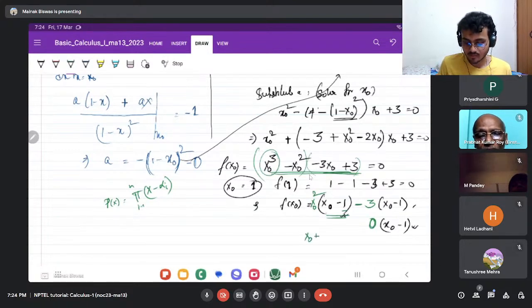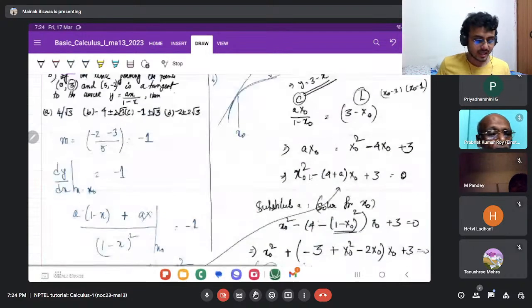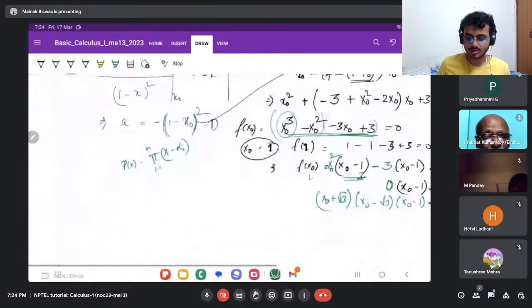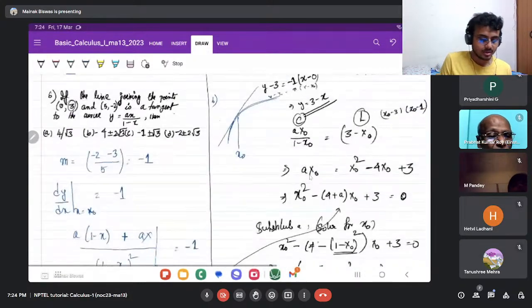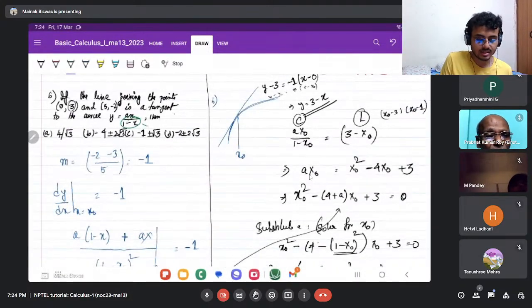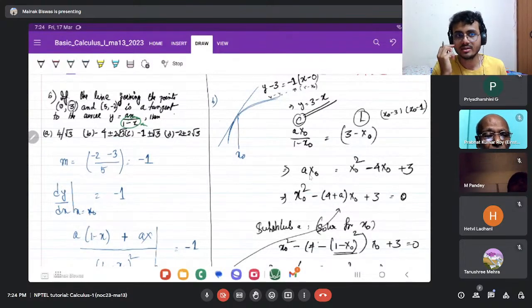So (x naught plus root 3)(x naught minus root 3)(x naught minus 1) equal to 0 is the solution, right? So x naught equal to 1 is not a solution, is not allowed. Why? See, y is disappearing at x naught equal to 1. Agreed?